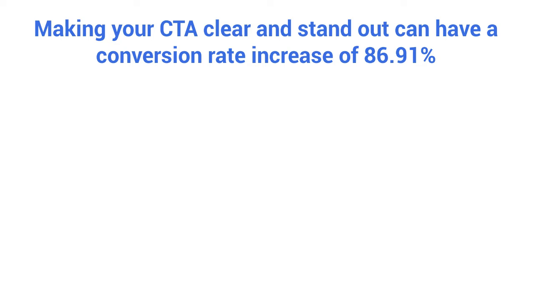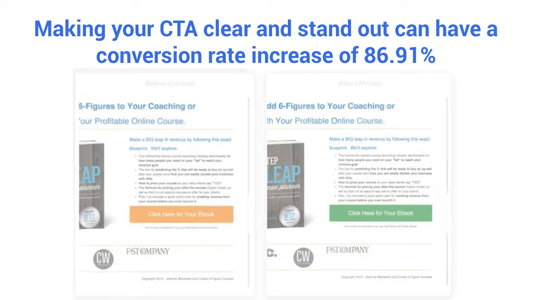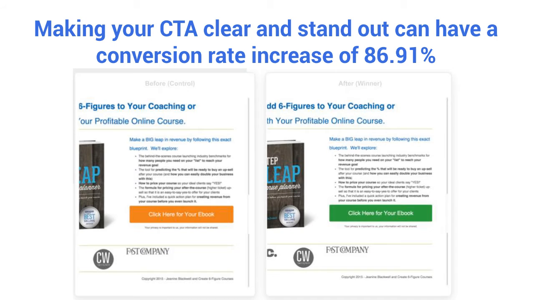It's not plain text, where people have to hover their mouse over it to see, oh, that's a button. Got it. So it should be clear, it should stand out, it should look like a button. The colors should contrast with all the other colors on the page. Just changing and adjusting that can almost double your conversion rate.